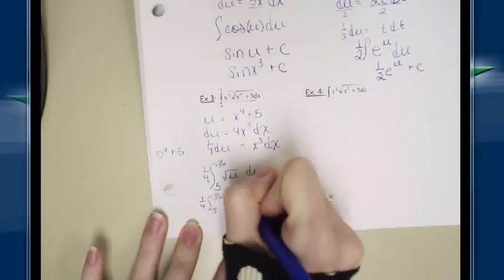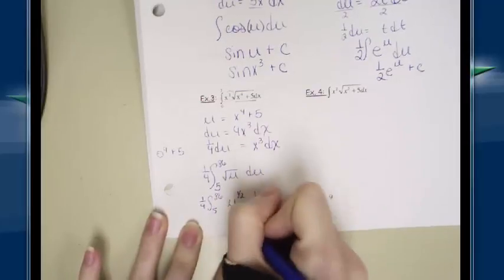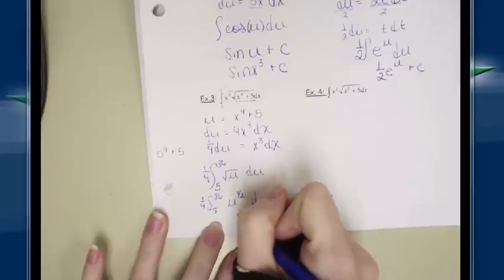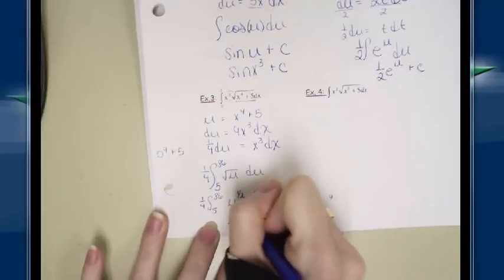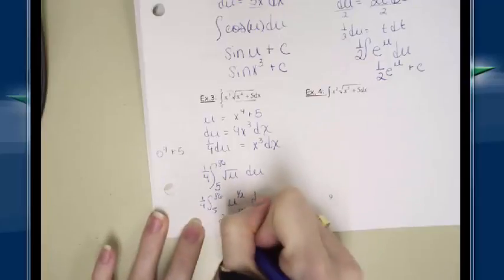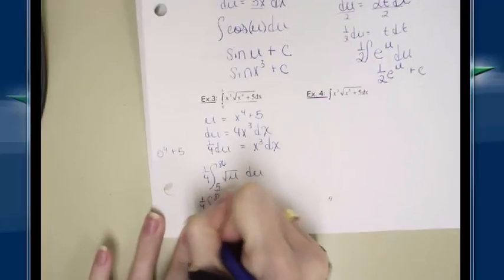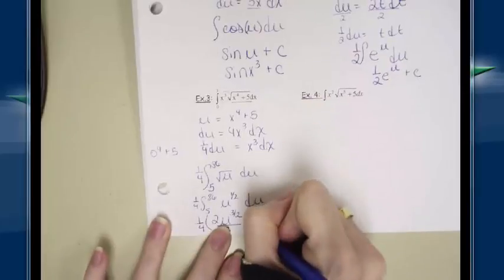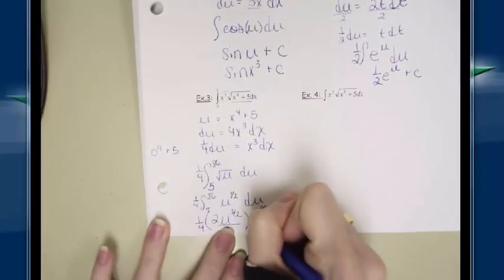I'm going to write this as u to the 1/2. Integrating, going up a power, will be u to the 3/2, over 3/2, I'm going to write times 2/3, times a 4th. And then we're going to plug in the 86 and the 5.